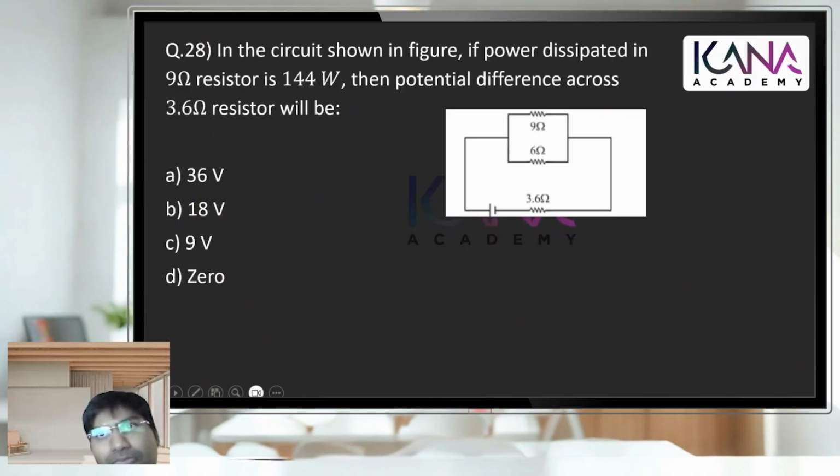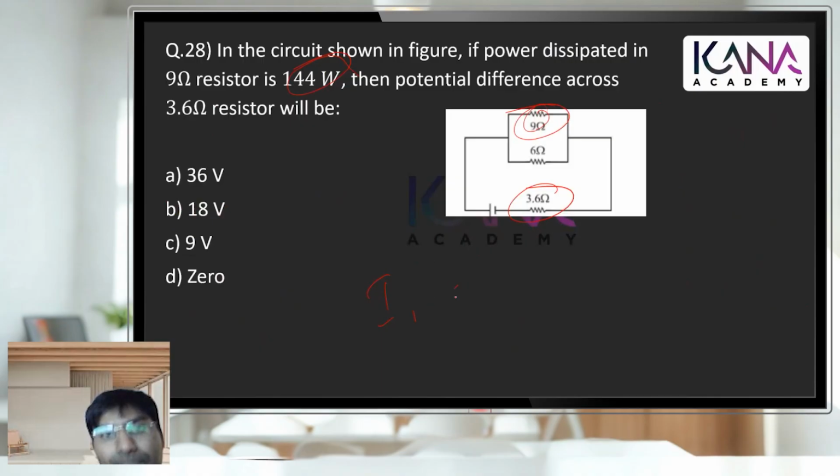Next question. So there is a power in the 9 ohm resistor of 144 watts. The potential difference across the 3.6 ohm resistor will be what, they have asked. Okay, so first the current in this one, let's call it I1 in this 9 ohm. How to find this?